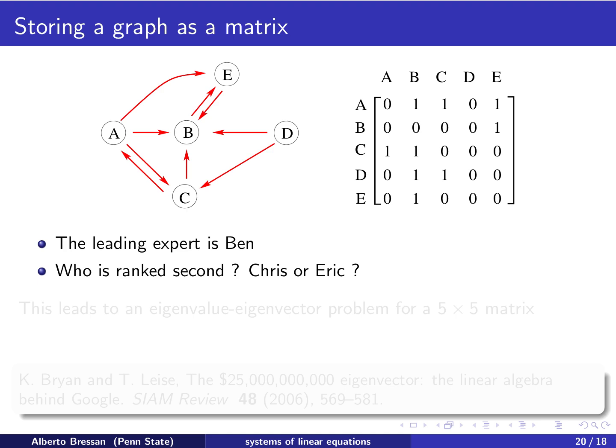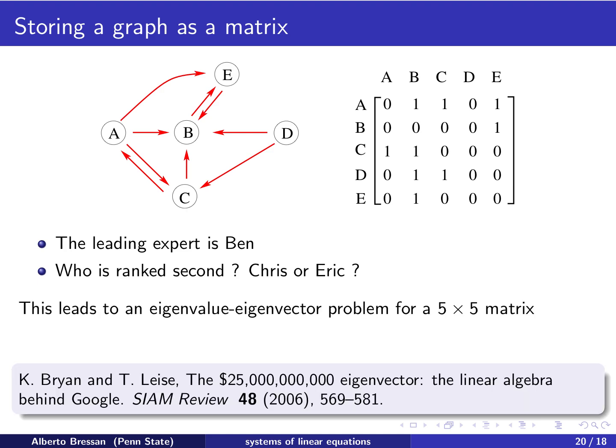Actually this leads to an eigenvalue eigenvector problem for this 5 times 5 matrix. If you're interested, this is a paper in SIAM Review, and it is an algorithm used by Google to rank different websites.